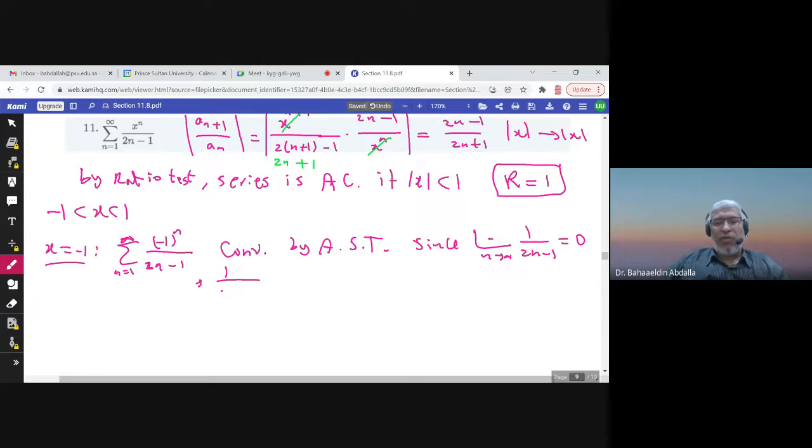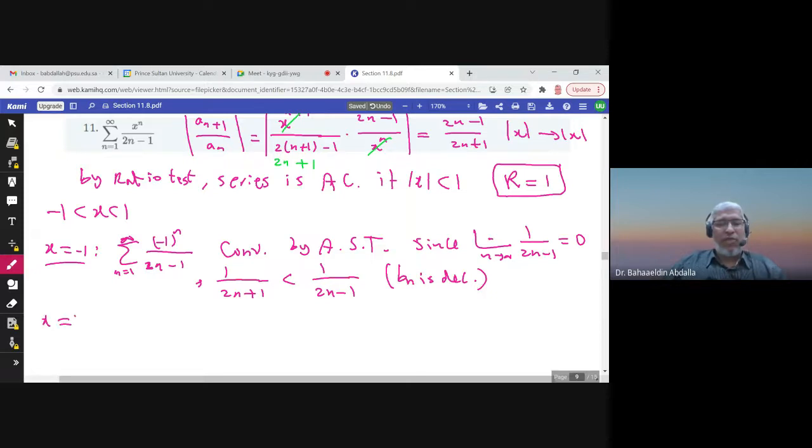And 1 over 2n plus 1 is less than 1 over 2n minus 1 because 2n plus 1 is greater than 2n minus 1. So this means that Bn is decreasing. So this series is convergent.